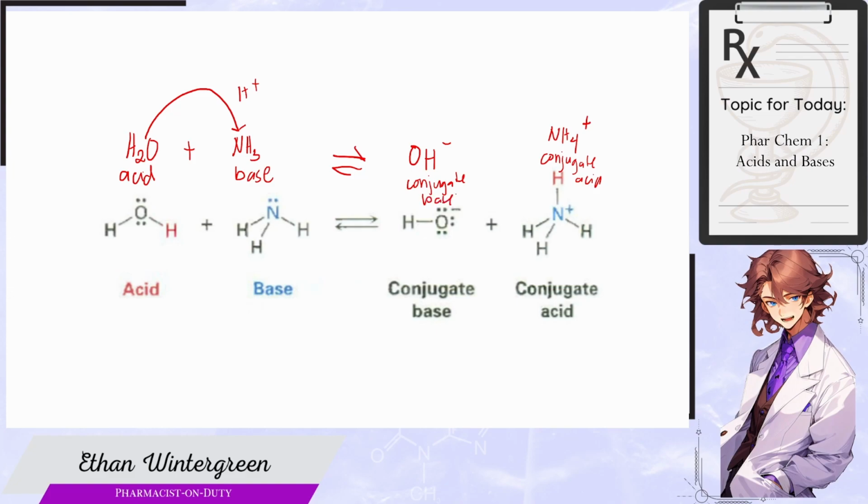Let's assign the proper letters. Acid is HA. Base is B. Conjugate base means it's A negative, while your conjugate acid is your BH.